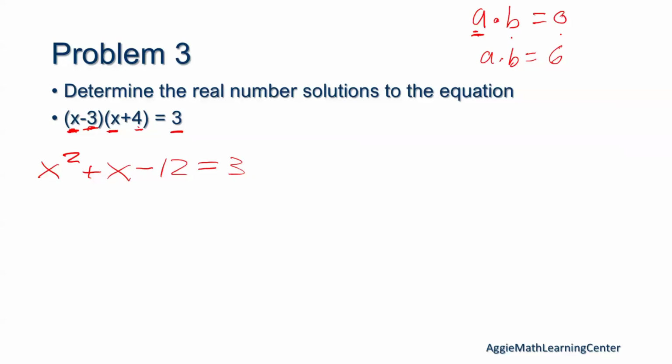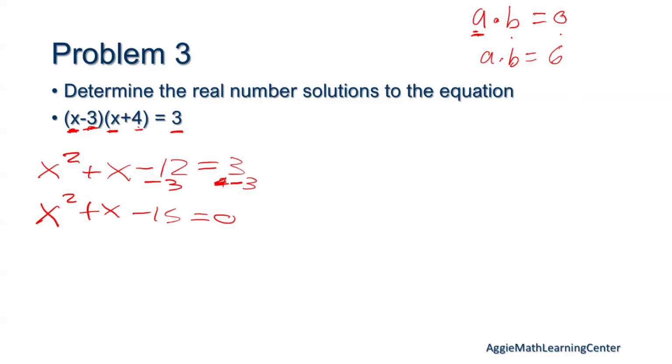And then we can move this 3 over to the left side. So, sorry, that'll be x squared plus x minus 15 equals 0. And then we could check if this factors, so we'd need something that multiplies to -15 and adds to 1. -5 and 3, that doesn't work.